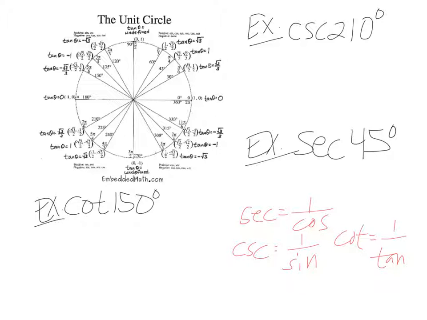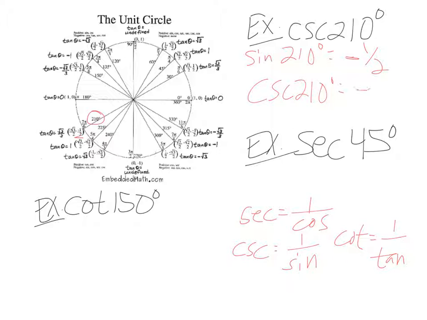So if I want to find the cosecant of 210, here's 210, I need to find first the sine of 210, which is -1/2, and then flip it over to find the cosecant.